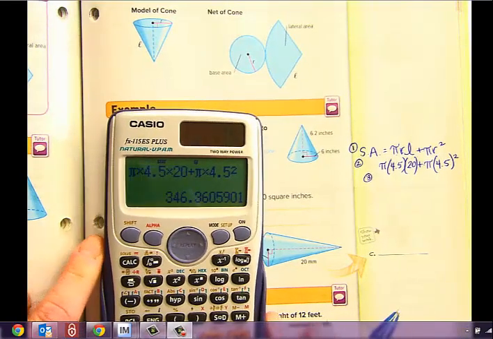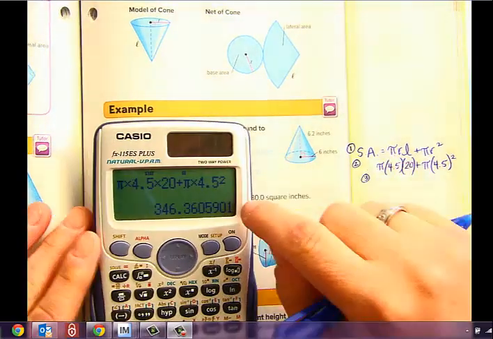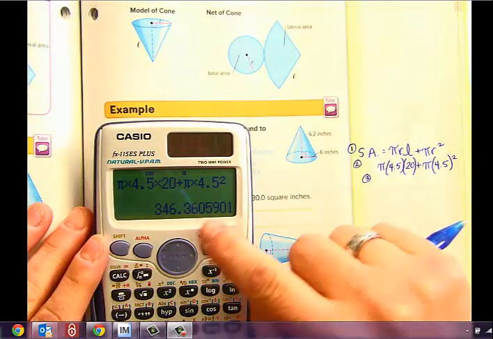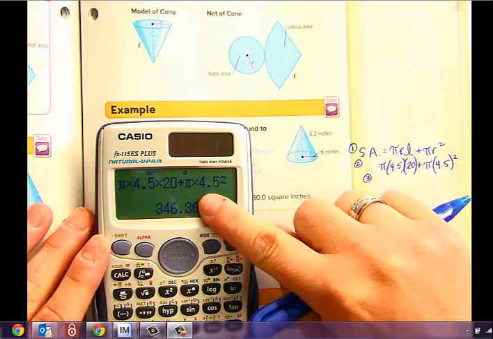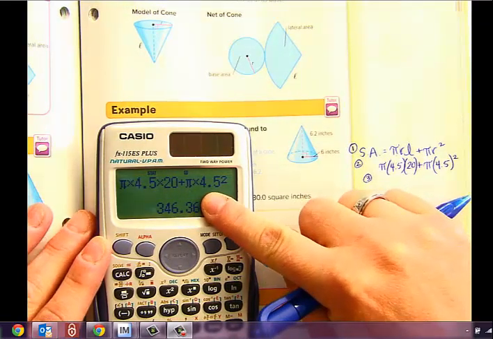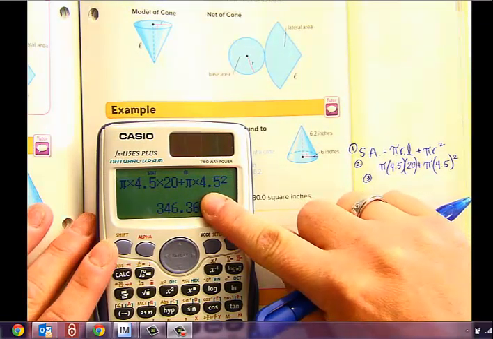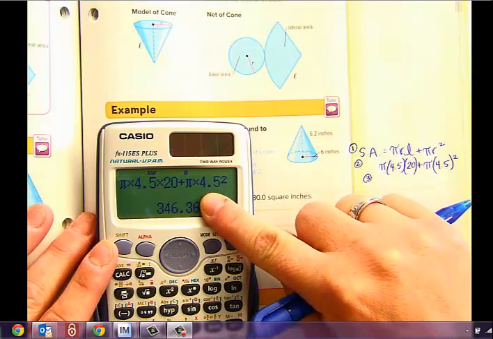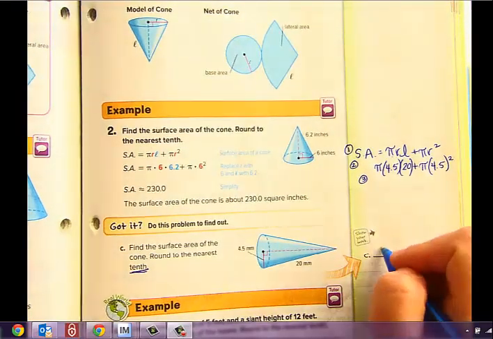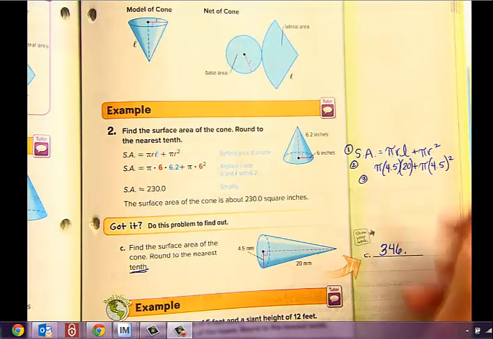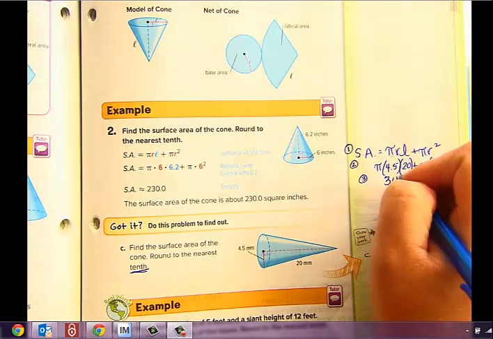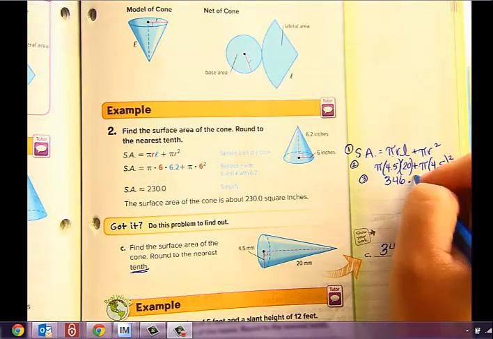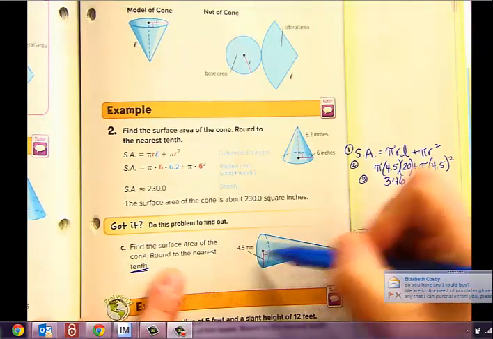Okay? This is 346.36. Again, I'm either going to leave it 346.3, or I'm going to round up to 346.4 because the number behind it is a 6. I'm going to round up. So this one is 346.4. Look at your units, millimeters.